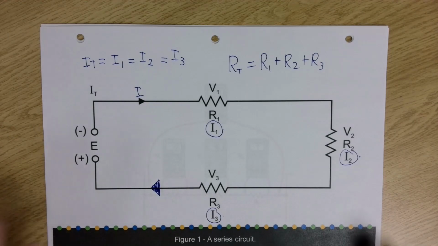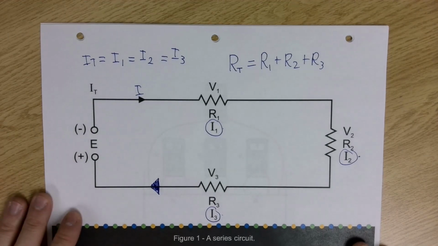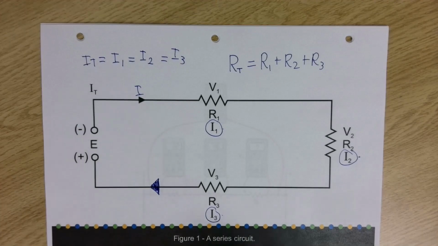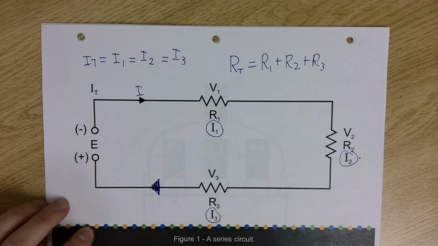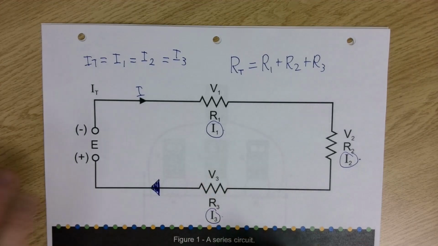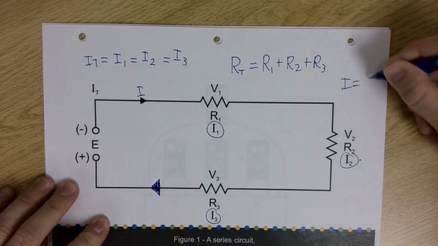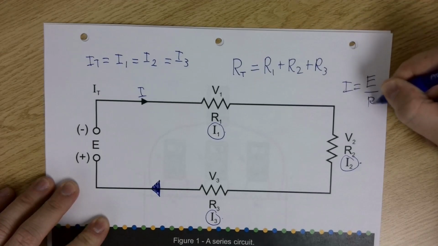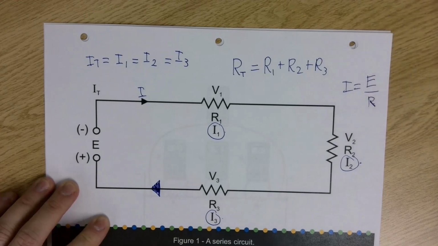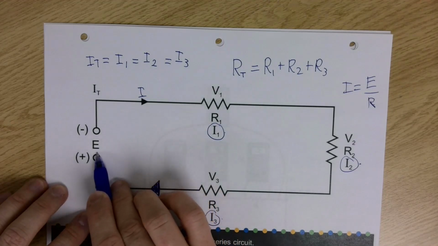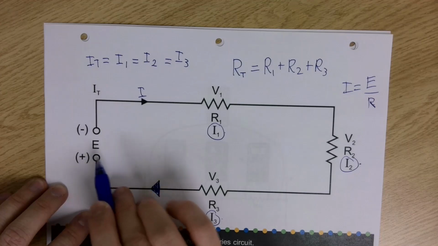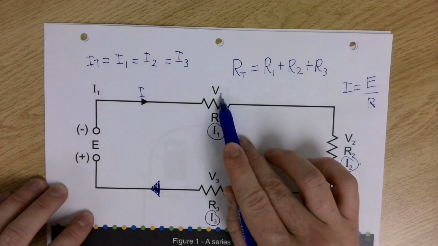Now, voltage is where it can trip you up if you're not careful. So, Kirchhoff's voltage law, that's our second law. We started with Ohm's law, which was I equals E over R. Now we have Kirchhoff. Kirchhoff's voltage law says the voltage rises must equal the sum of the voltage drops.